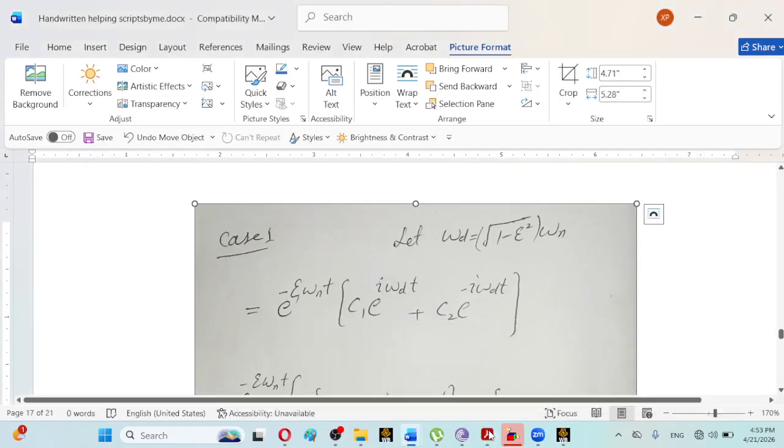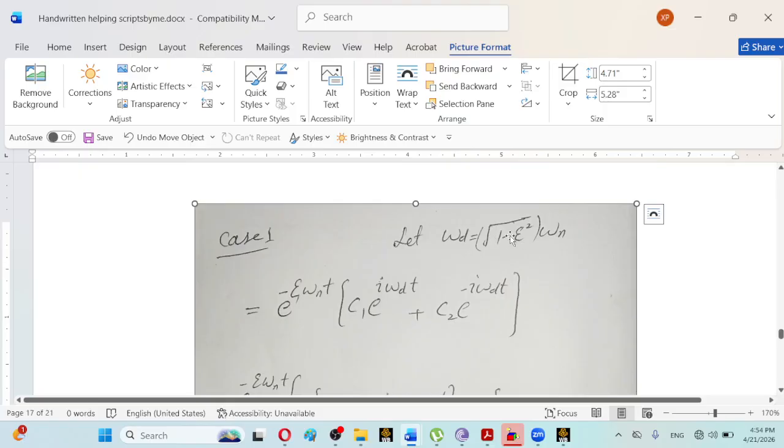So this is called the damped frequency. The damped frequency is always equal to the product of the square root of 1 minus damping factor square and omega n. At this stage we can also observe that the square root of 1 minus damping factor square will always be less than 1. This is the product of two terms, omega n and the square root of 1 minus damping factor square.